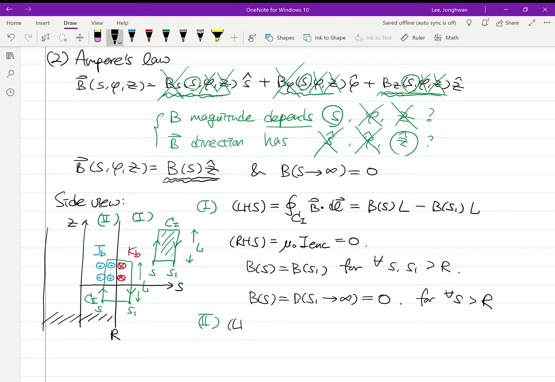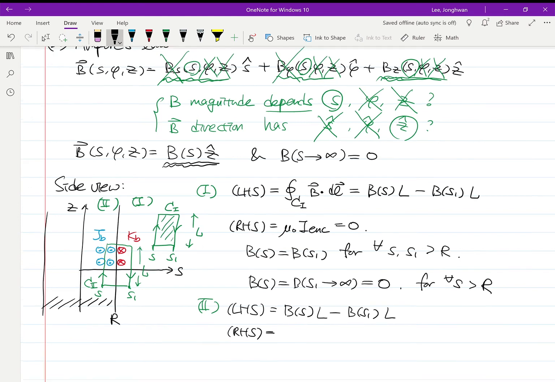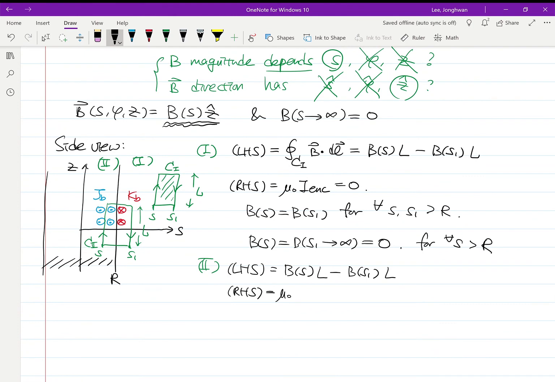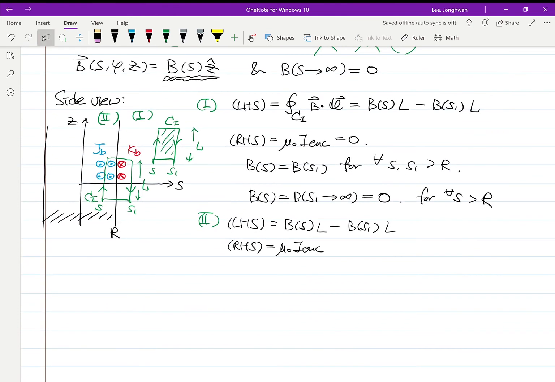The left hand side of Ampere's law will become B(s) L minus B(s1) L, in the same way. The right hand side should be mu naught I enclosed by C2. And here we have two types of current, the red current and the blue current.